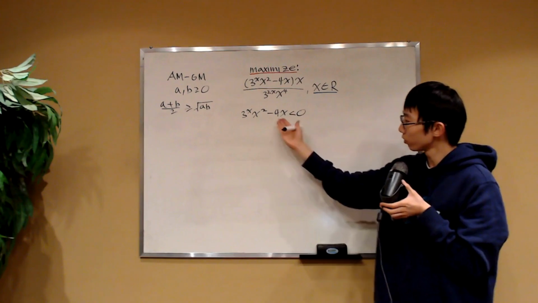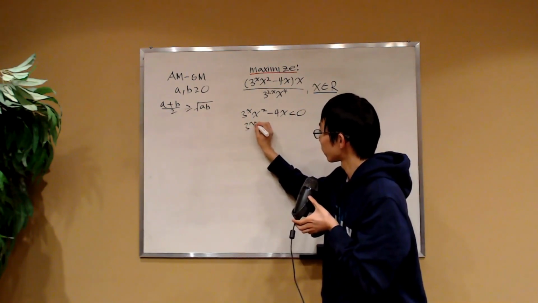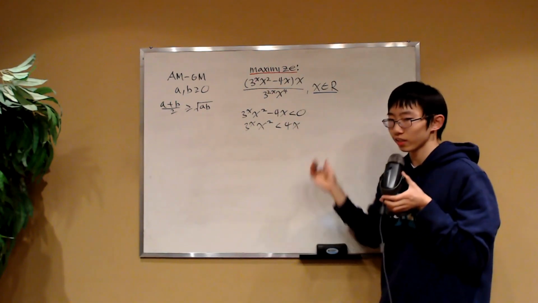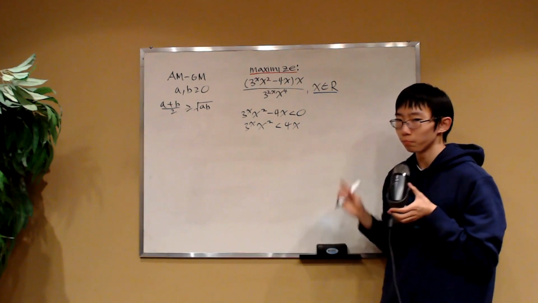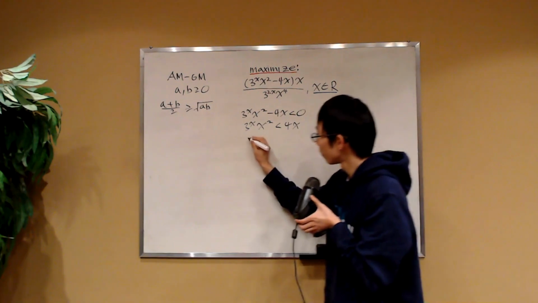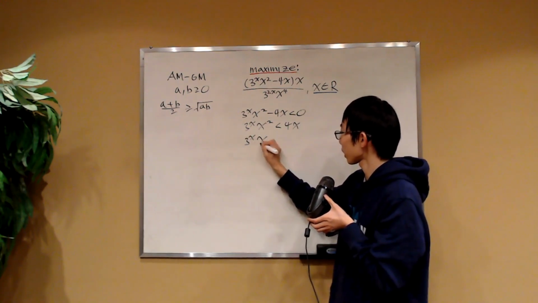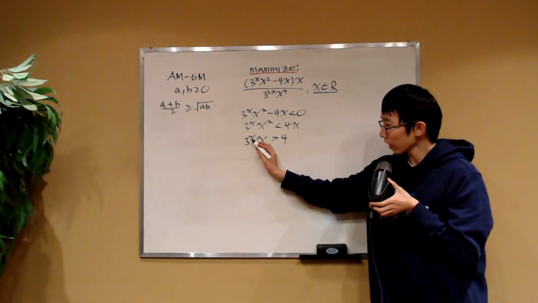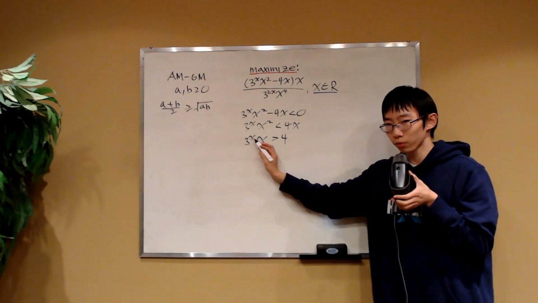Well, then we can move the 4x over, so that's 3^x times x^2 is smaller than 4x. And we can divide both sides by x, but x is negative, so don't forget to switch the signs. We would have 3^x times x is greater than 4. Hold up, 3^x is always positive for real numbers x.